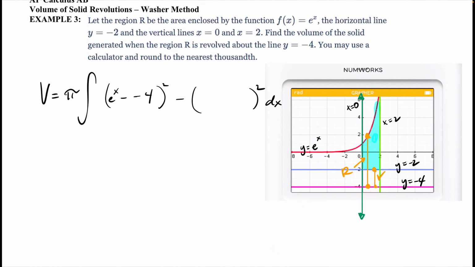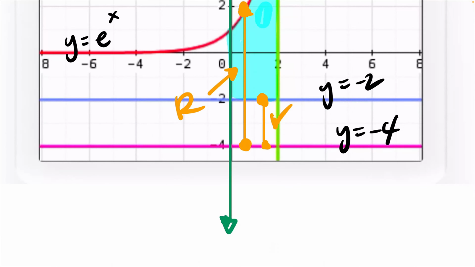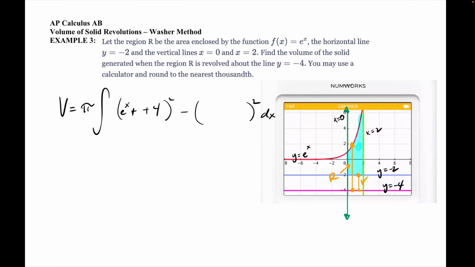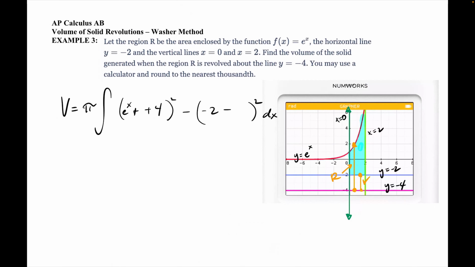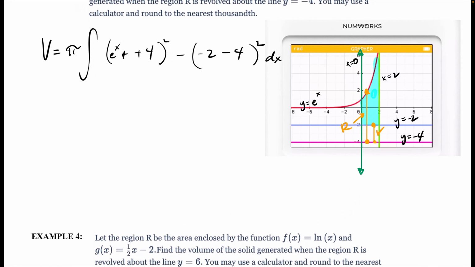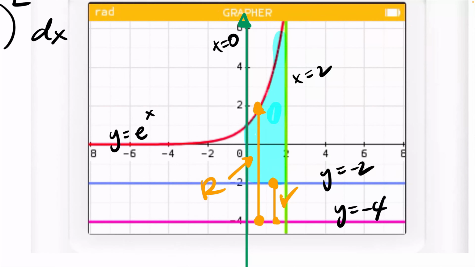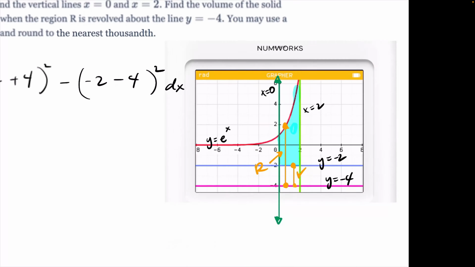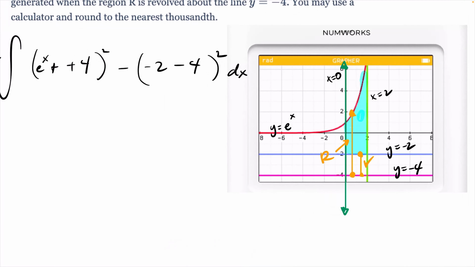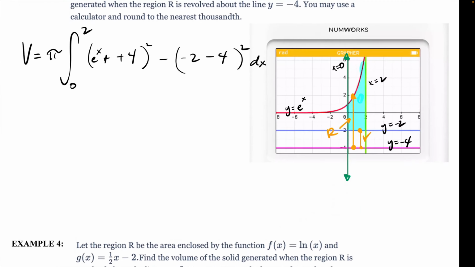Good question. Okay, so that's going to be a plus. Little r starts at -2 and it goes to -4, so -2 minus 4. The bounds are 0 to 2, the x values.